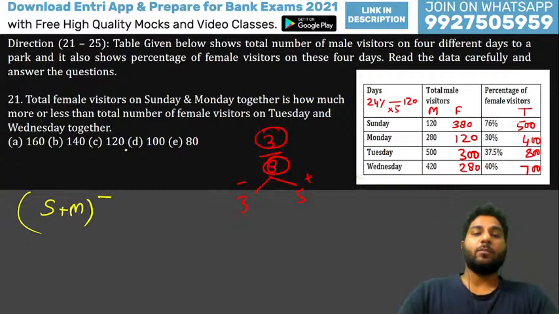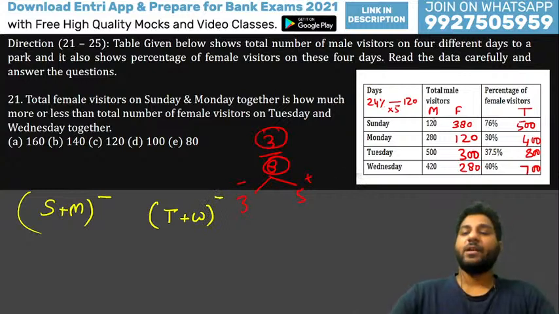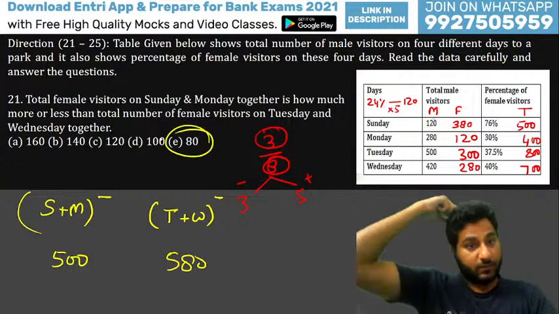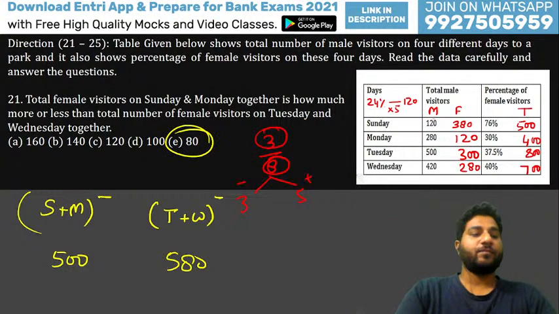So we have to compare it in the data with the total number of female visitors on Tuesday and Wednesday. Sunday and Monday, 500, and Tuesday and Wednesday, 580. So clearly 80 visitors were less.